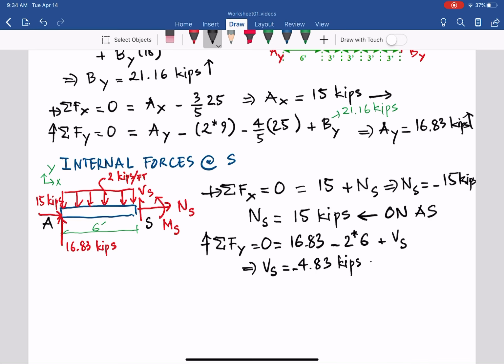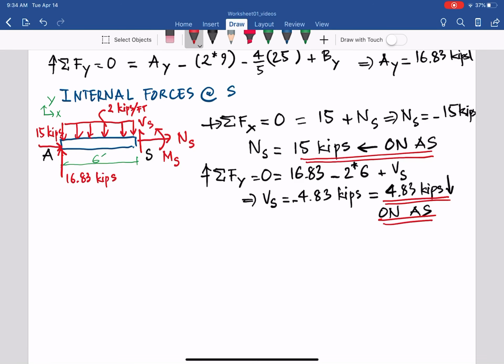So we have 4.83 kips going down, we assumed going up, on AS. So that is the answer we have for normal force Ns and shear force Vs.